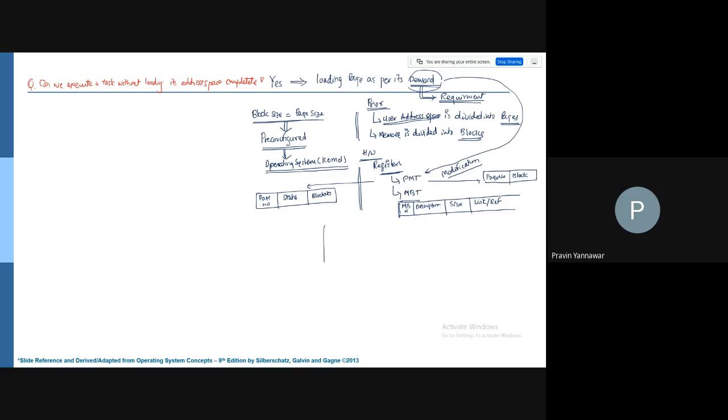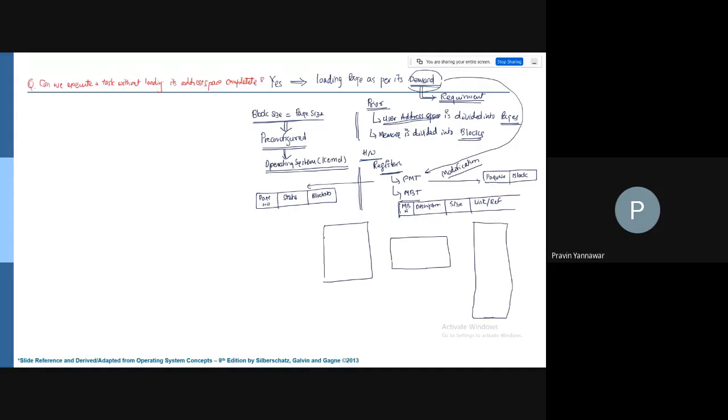So say for example, this is the user address space, and you have a page map table, and you have memory. This is one page, this is two, 3 and 4.